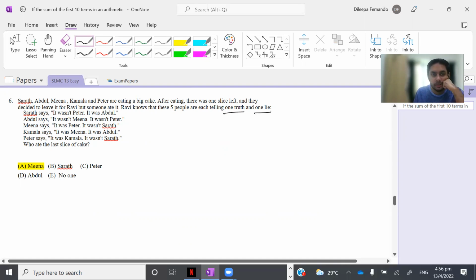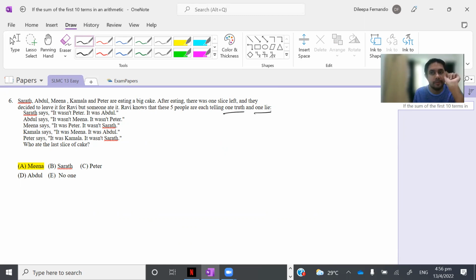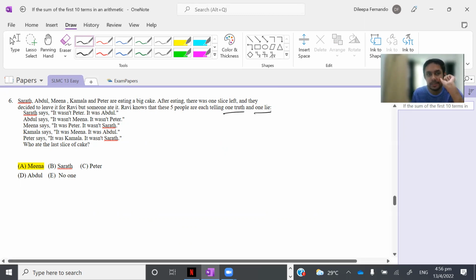So here, if you are going to analyze all these sentences, that's not the way. It takes a lot of time. But one easy hack is, you can see there are different kinds of statements. For example, Sarath says it wasn't Peter and it was Abdul.